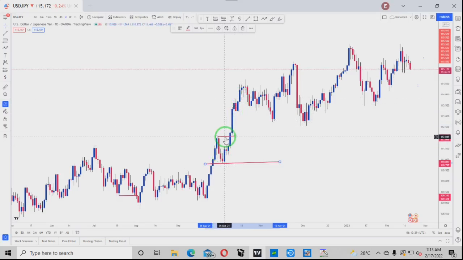All right? Now, we continue. Now, price now created a new higher high. You move your horizontal line to this new higher high here. Move your horizontal line to the new higher high. Can you see that? Now, where is your higher low?